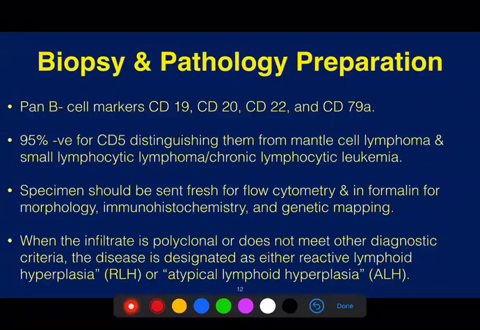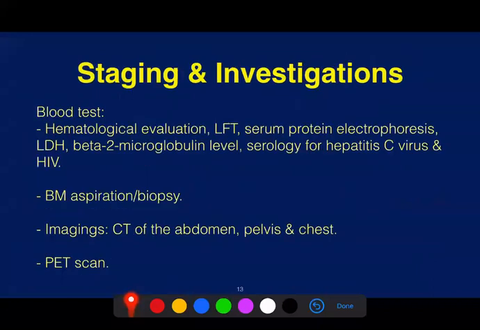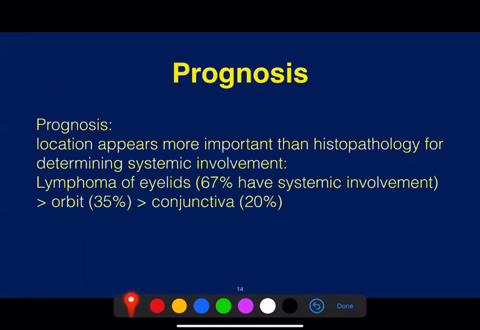And these are labeled as reactive lymphoid hyperplasia or atypical lymphoid hyperplasia. Those require systemic workup and long-term follow-up. This is very important to mention also in the exam, the staging and investigation. Okay. Prognosis, this is an MCQ question mainly.